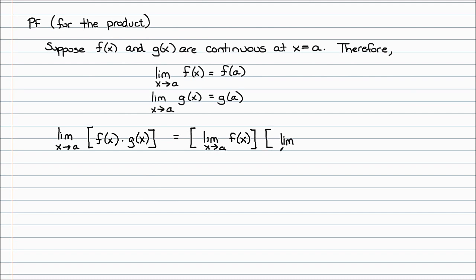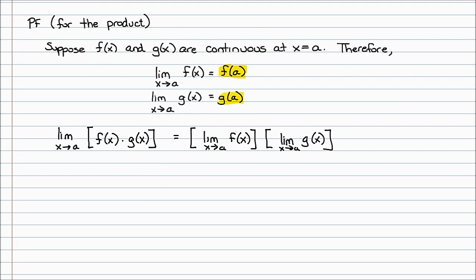That's a very important point to make. If you can't say that, you can't split this. But they told us in the beginning f and g are continuous, therefore their limits as we approach a exist. Another thing that we know is that the limit as x approaches a of f of x is just this little statement right here. Let me highlight it for you. And we also know that the limit as x approaches a of g of x is g of a.